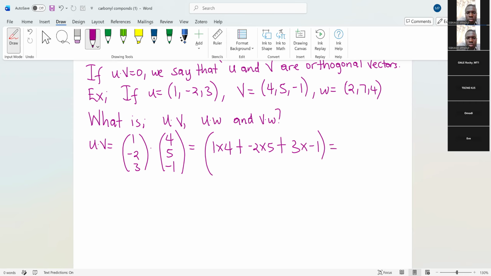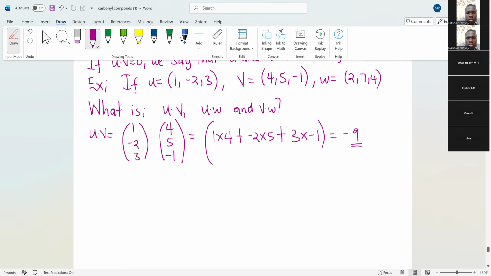And this is 4 minus 10 minus 3, -9. So similarly, one can also do the same for u dot w and v dot w, like that.